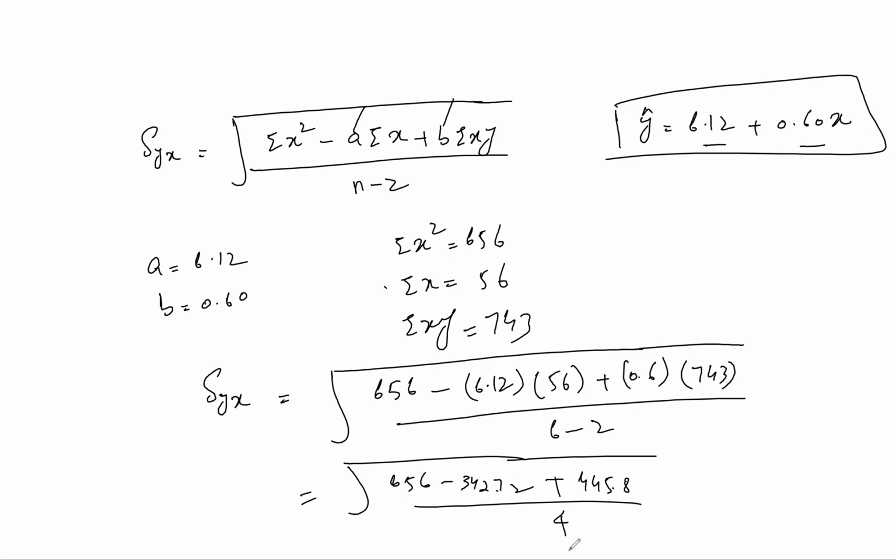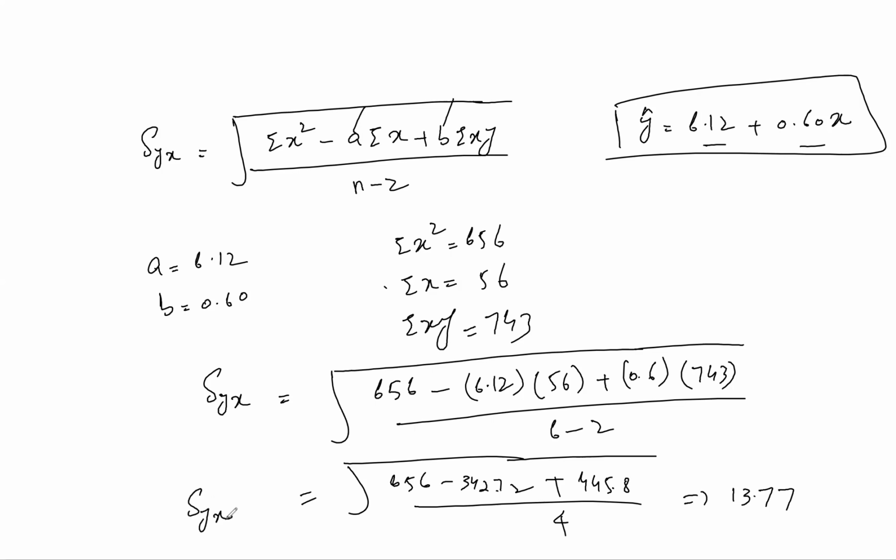And if we solve this, 656 minus 342.7 plus 445.8 equals this, divided by 4 equals this, and its square root is 13.77. So that is the standard error of estimate.